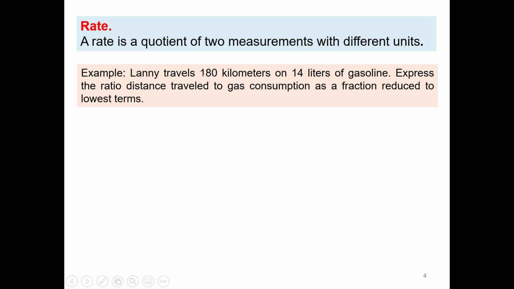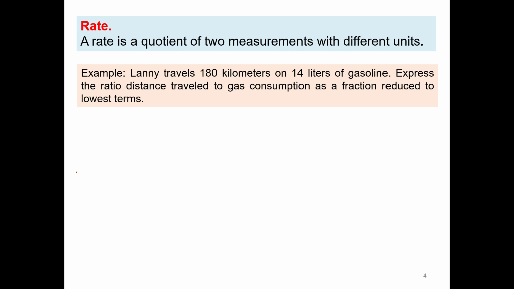Lenny travels 180 kilometers on 14 liters of gasoline. Express the ratio of distance traveled to gas consumption as a fraction reduced to the lowest terms. And here we had two different quantities because we had two different units.